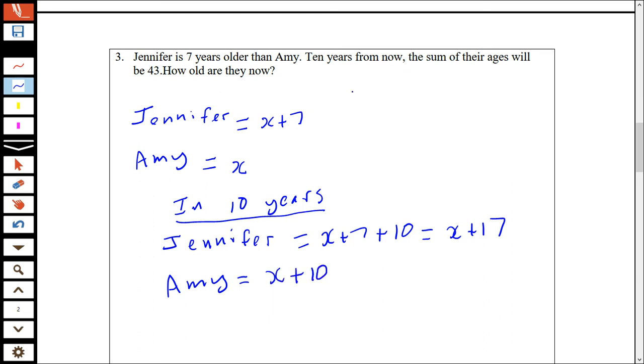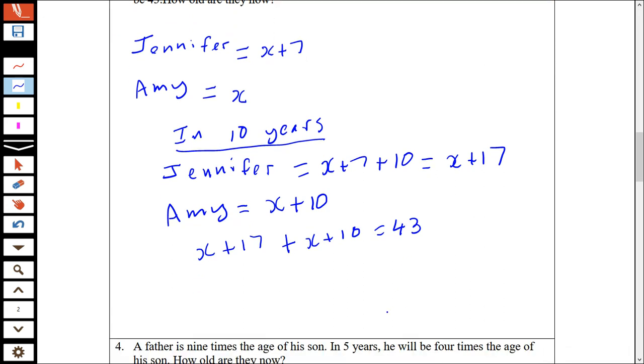Now, it says in 10 years' time, the sum, now sum means plus, of their ages will be 43. So I can say that these ages, X plus 17 plus X plus 10 equals 43. Okay, so that gives me X plus 27 equals 43.